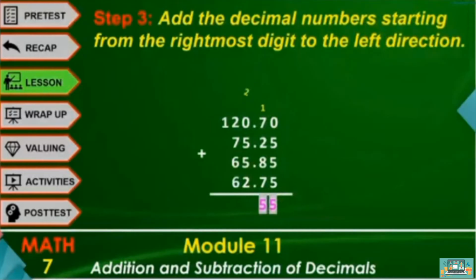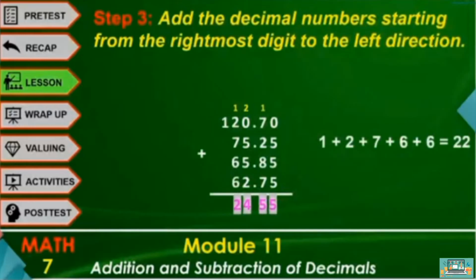2 plus 0 plus 5 plus 5 plus 2 is equal to 14. So you bring down 4, carry 1. 1 plus 2 plus 7 plus 6 plus 6 is equal to 22.